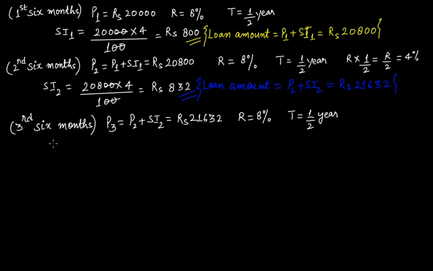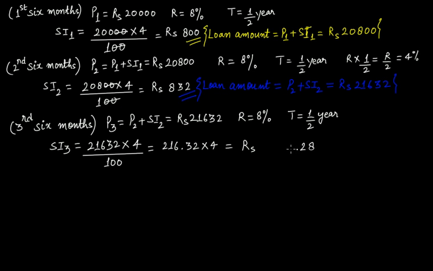Right. Now, if you calculate the SI3, this is 21,632 multiplied by 4, because R multiplied by 1 by 2 is 4. And if you solve this, you get 216.32 multiplied by 4.